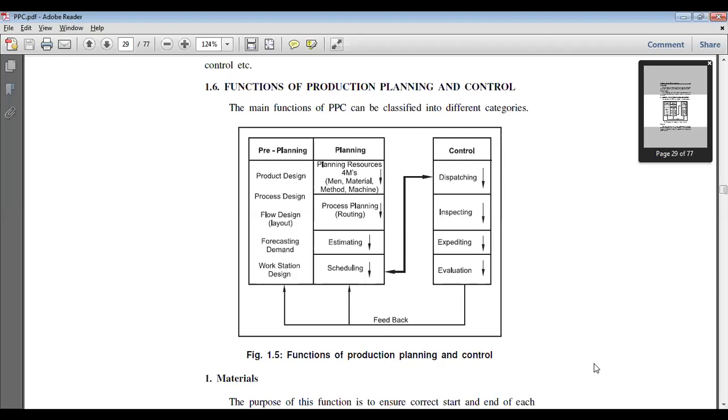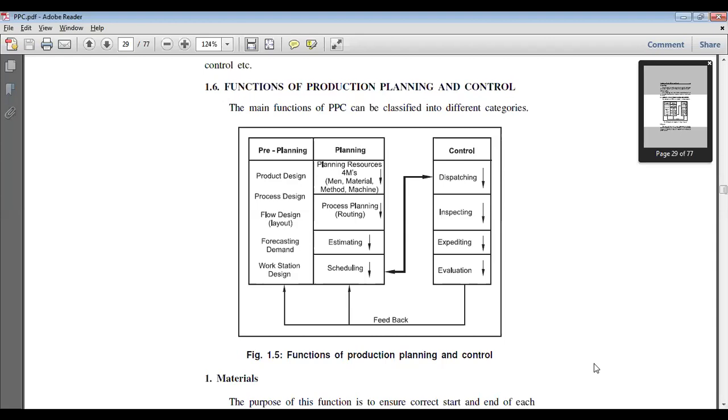So scheduling is machine loading, machine A, B, C. Machine A is loaded for product X, machine B is loaded for product Y, machine C is loaded for product Z. Then product Z comes to machine A. So this is scheduling. Who will work on what machines and for what product.